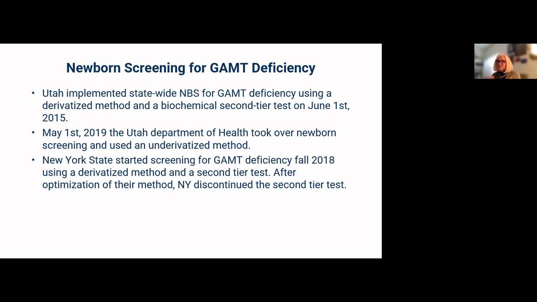The reason I am telling you these details is to emphasize that, as you will see from the next slide, no matter how you do the screening, whether you use a derivatized or a non-derivatized method, whether you use a biochemical second-tier test or not, the screening works, the screening is effective, and there are very few false positives as well. Next.